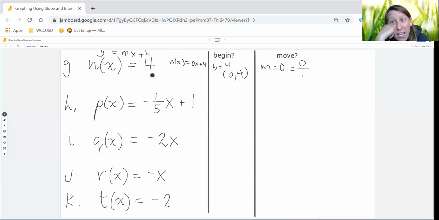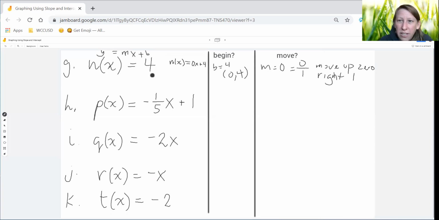Okay, that means how much do we move up? 0. We move up 0. And how much do we move over? Okay, we rise up 0 and then we run, we move up 0 and right 1.